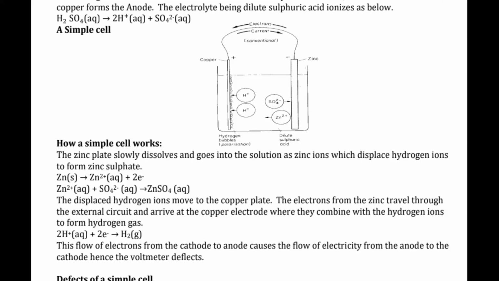The displaced hydrogen ions move to the copper plate. The electrons from the zinc travel through the external circuit and arrive at the copper electrode where they combine with the hydrogen ions to form hydrogen gas. This flow of electrons from the cathode to anode causes the flow of electricity from the anode to the cathode. Hence, the voltmeter deflects.